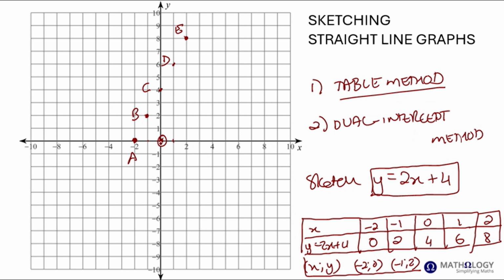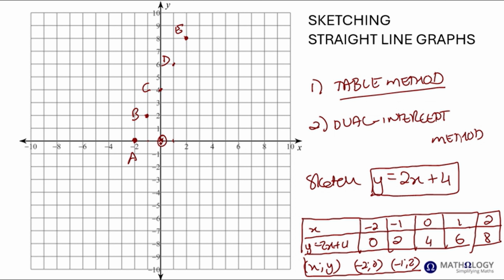As you move above the x-axis, away from the origin, the y values get more and more positive. And as you move down below the x-axis, away from the origin, the y values get more and more negative.